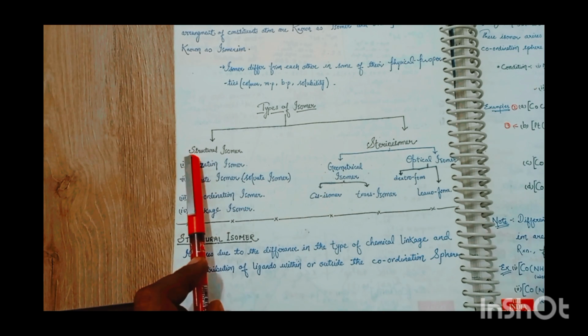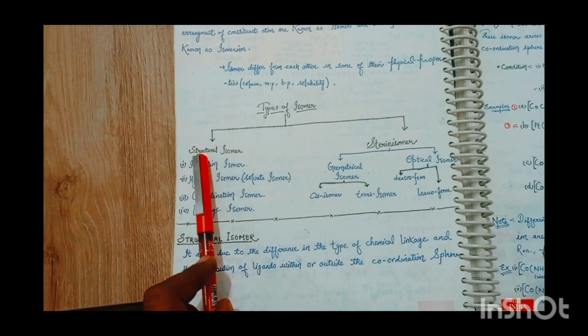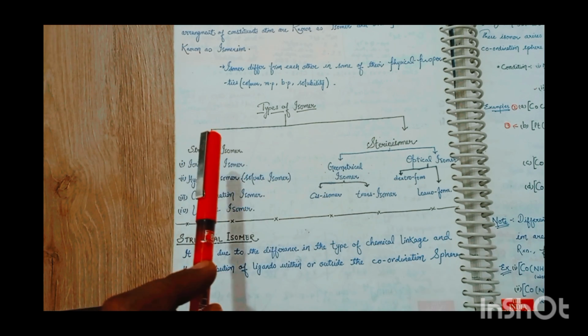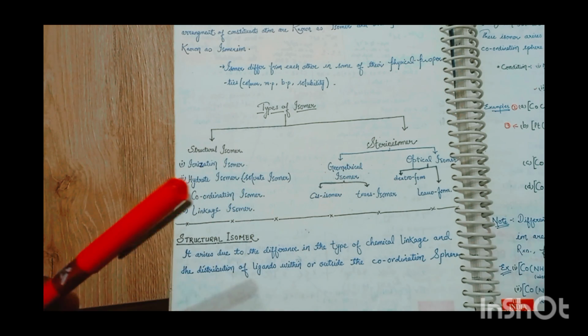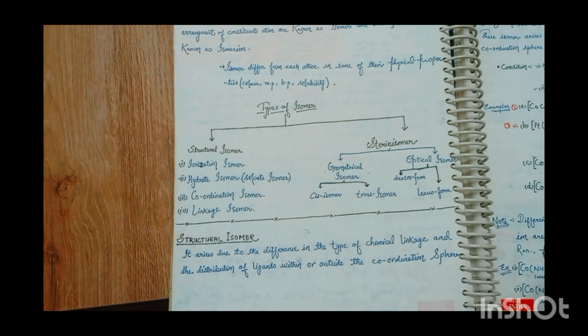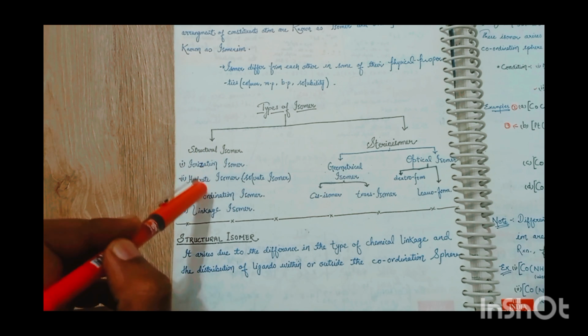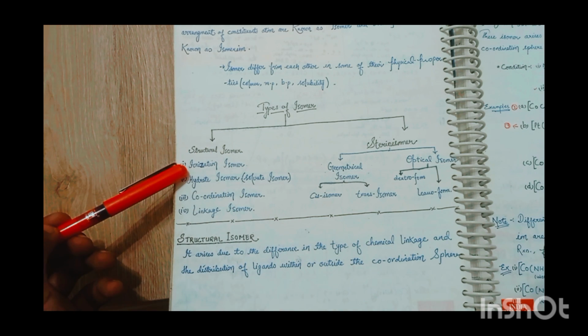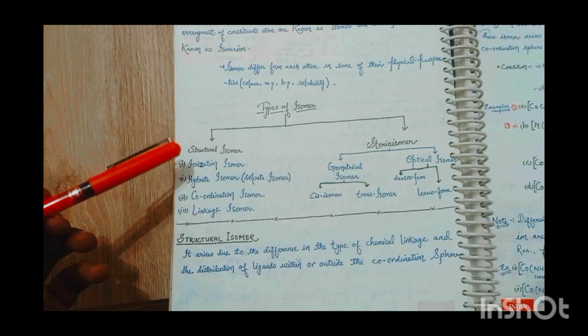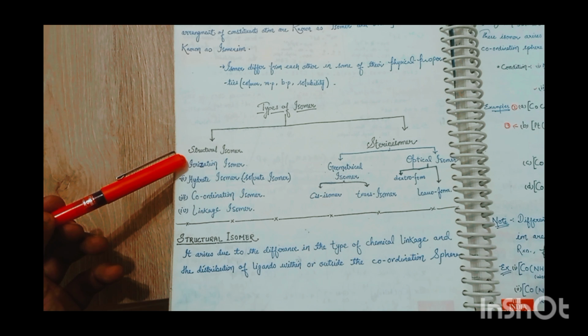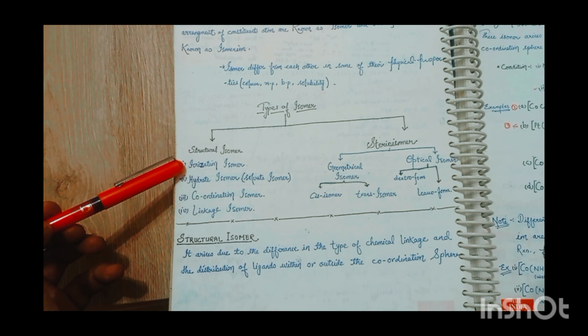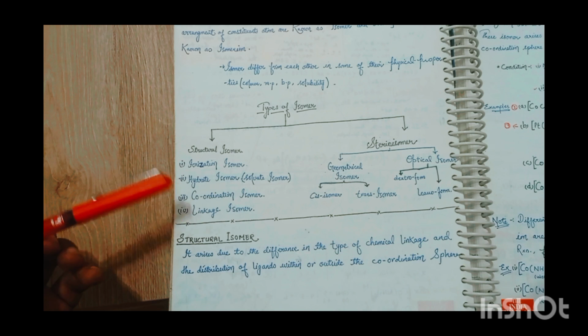Let's start. Structural isomers are those having the same molecular formula but different structure. There are four different types of structural isomers in coordination compounds. The first one is the ionization isomer. It is very simple to remember.